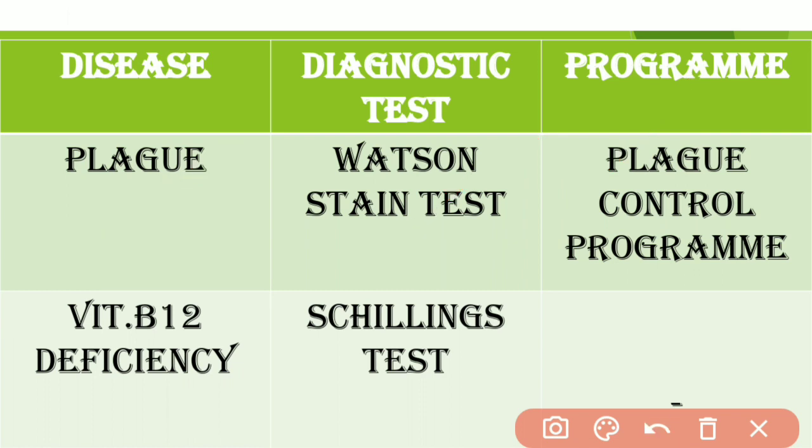And last one is vitamin B12 deficiency, which causes megaloblastic anemia. Such a type of deficiency can be identified by using the Schilling test performed for vitamin B12 deficiency.